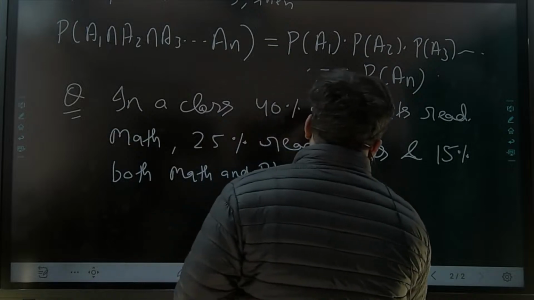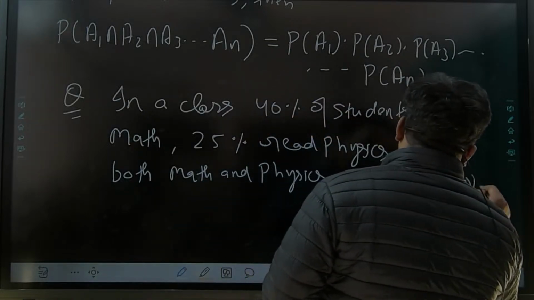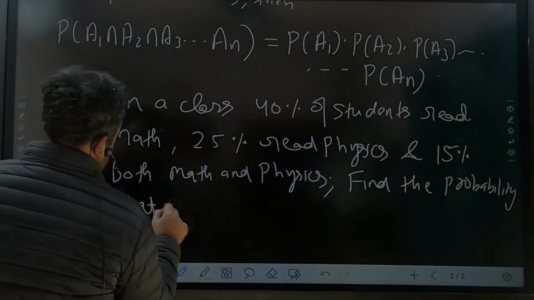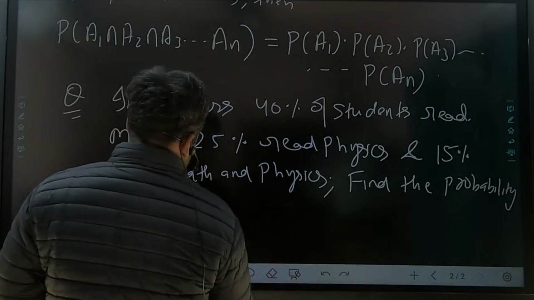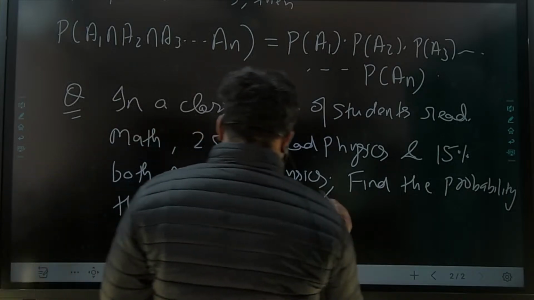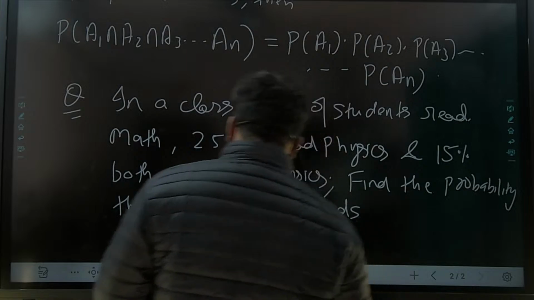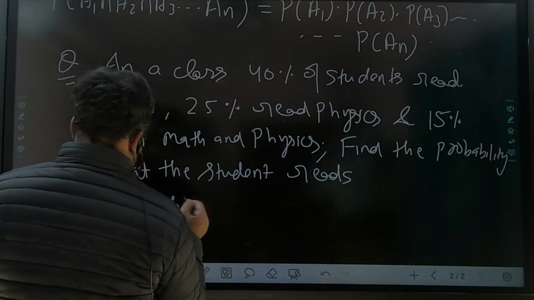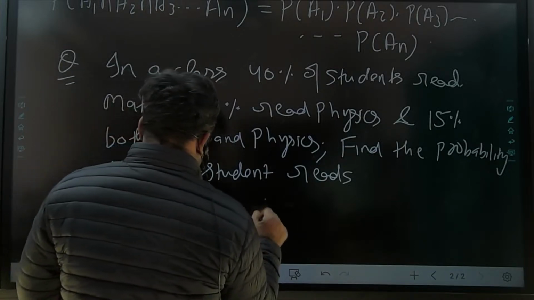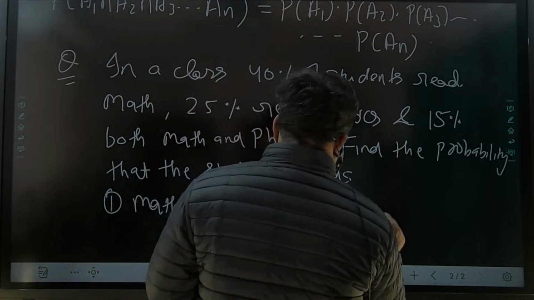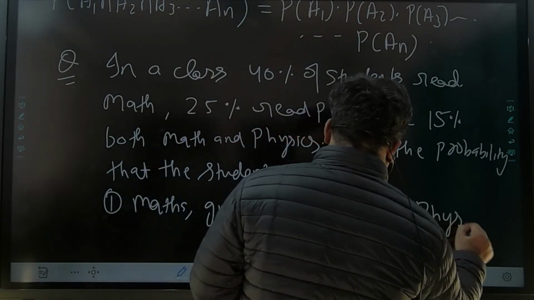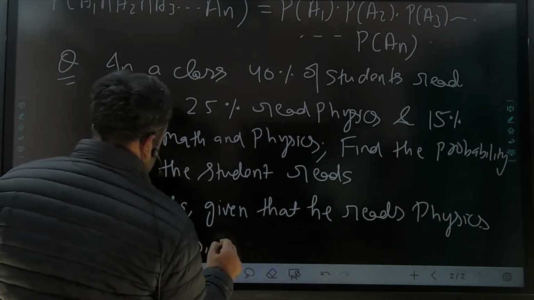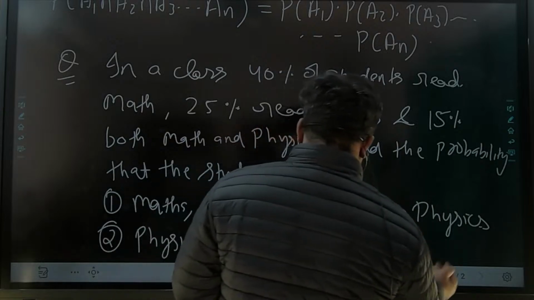Find the probability that the student reads maths, given that he reads physics as well. It's a conditional probability concept, right? Then physics given that he reads maths.